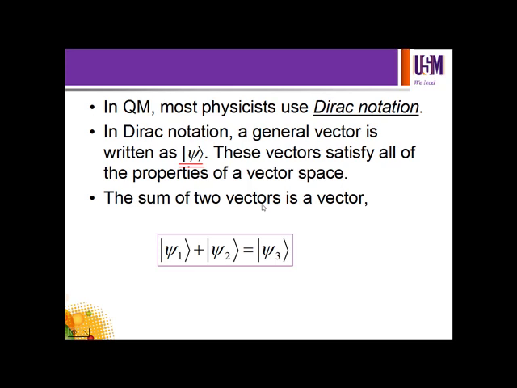So this is a general vector notation. This vector satisfies all the properties of a vector space. The sum of two vectors is a vector. For example, if you have vector psi1 plus vector psi2, it should give you another vector psi3. So the symbol for the ket is maintained.